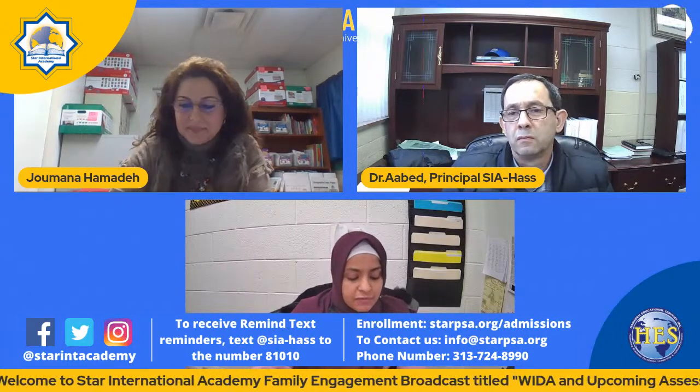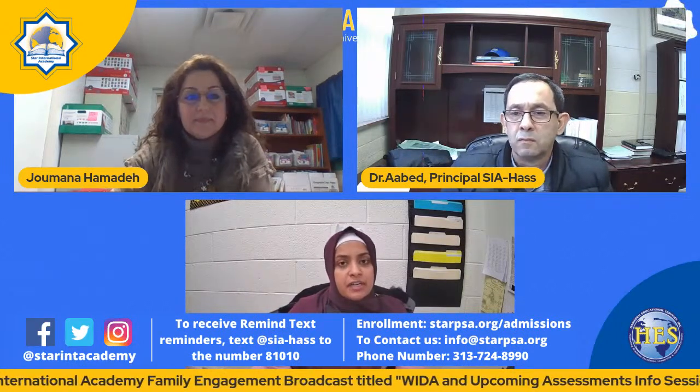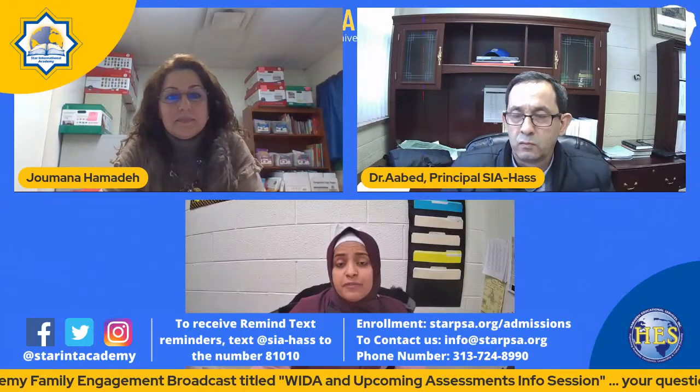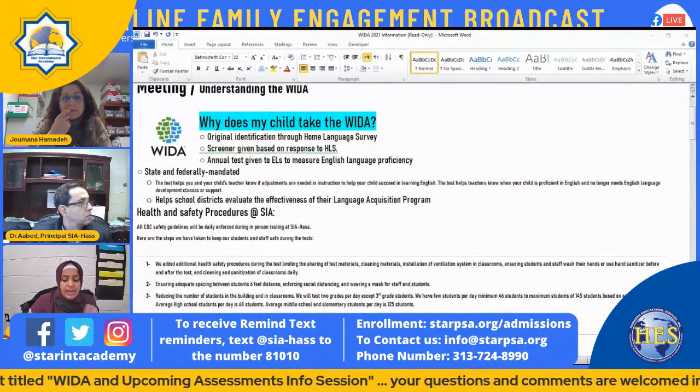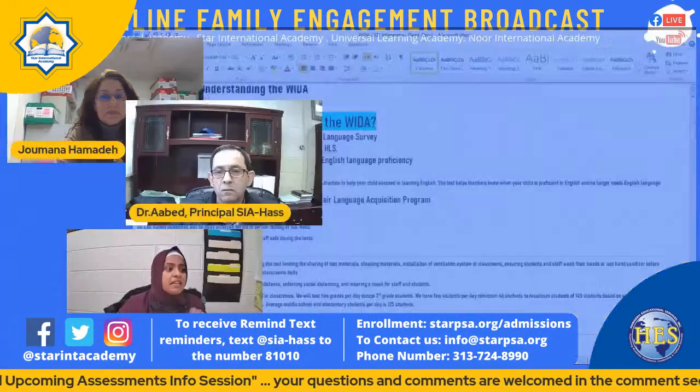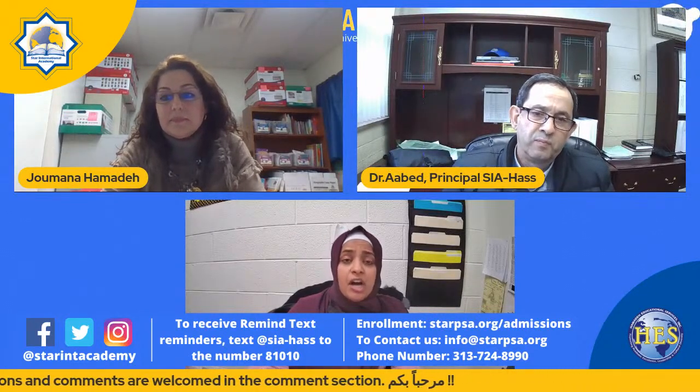So the protocols for both Haas and George are similar, and especially for our first and second grade students, we do have shields in every classroom. Like Dr. Abed has mentioned, we do have wipes and sanitizers in the hallways as well as the classrooms, and students will also be provided with their own water bottles to prevent going in the hallway and filling it up.